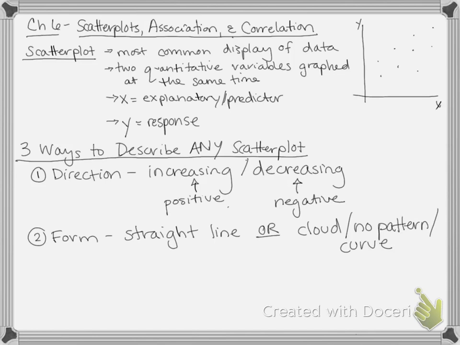A curve is not a straight line, literally something that is curved. So if we say that this looks like a straight line, then we would call this graph linear. And if it does not look like a straight line or follows one of these other descriptors, we would refer to it as nonlinear.